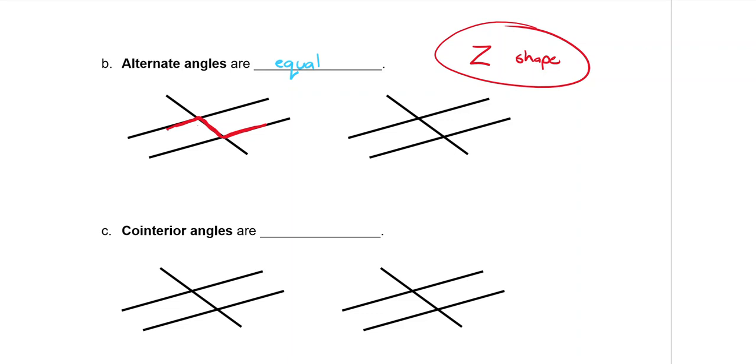The angles inside those arms, that angle there and that angle there, they are alternate and they would be equal. But just like with the corresponding angles, the Z shape can be backwards. So I could go this way, and that would mean that this angle and this angle would be alternate and they would be equal. There is only 2 ways that you can make the Z shape.